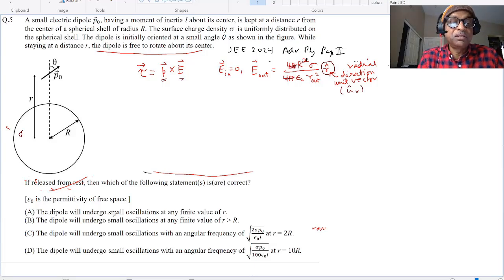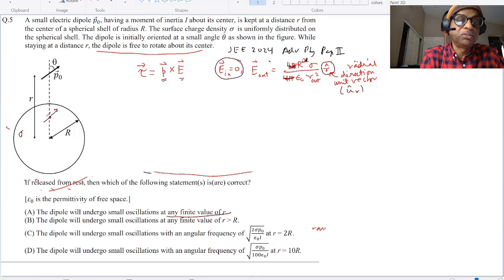The dipole will undergo small oscillation at any value of r. It says at any value of r. But if I put a dipole down here, there's no electric field according to this, so it's not going to oscillate back and forth. So this definitely is incorrect.